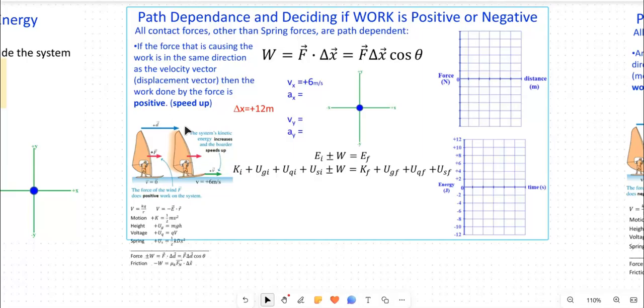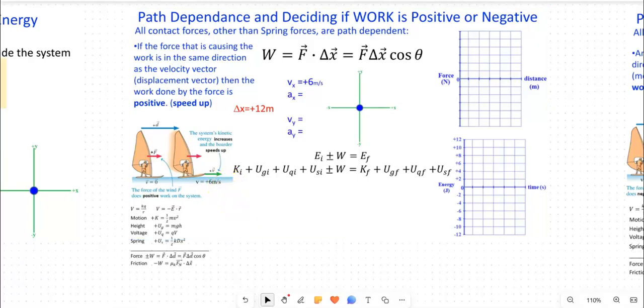Suppose you had this little windsurfer, and they're not moving in the very beginning. Then wind starts to push the little windsurfer, and after a little bit, now they're moving to the right at 6 meters per second.